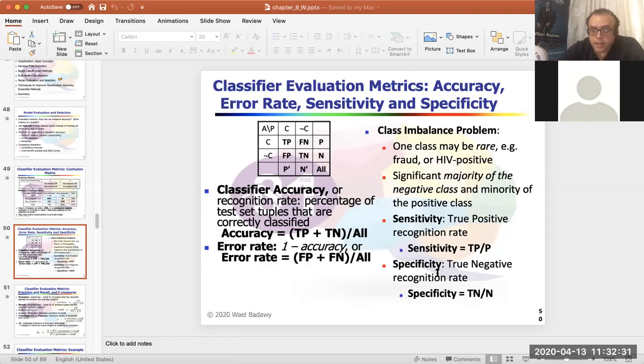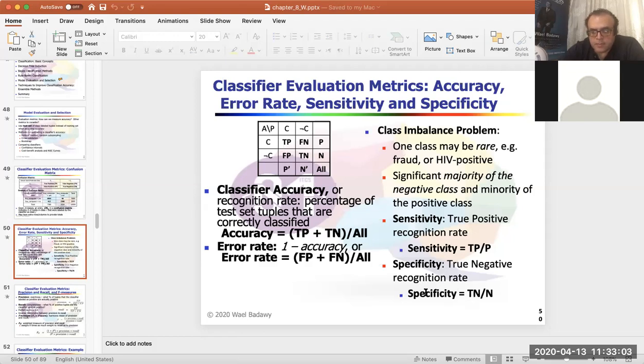There are some other measures. The sensitivity measure is TP over P, which is the true positive over the total positive events happening. So what is the ratio? Sensitivity, in a good system, is supposed to be 1. Here we talk about data mining, so we talk about more statistical models.